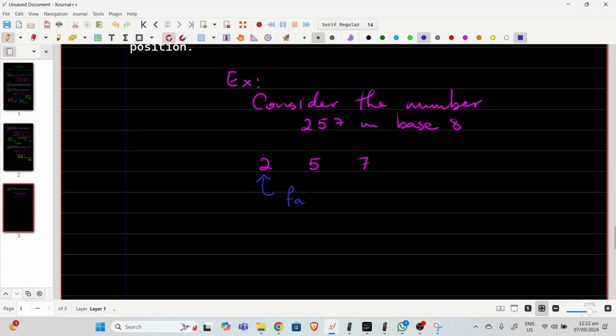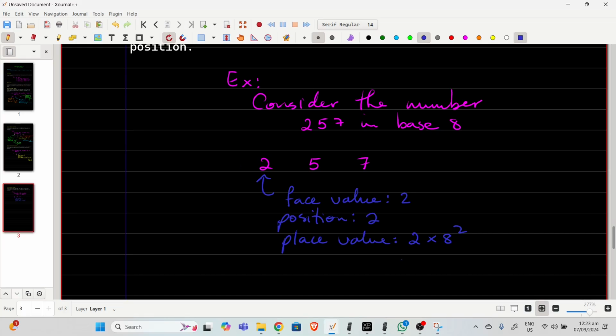So the face value is going to be 2. The position is going to be 2. The place value is going to be 2 times 8 to the second power.